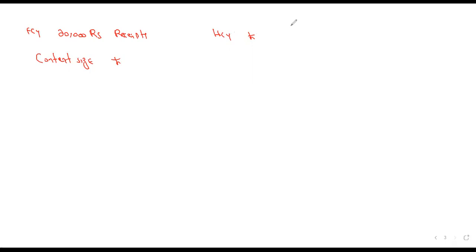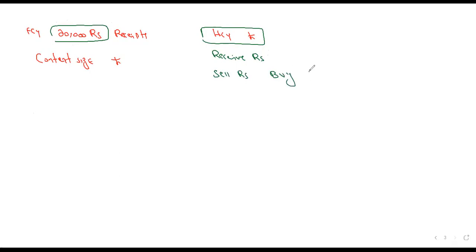See, again, I am explaining to everyone. What will happen? As the foreign currency is the 20,000 rupees, I am living in the UK. So when I will receive the rupees, I will sell rupees and I will buy pounds. So what I did with the home currency, I bought it.